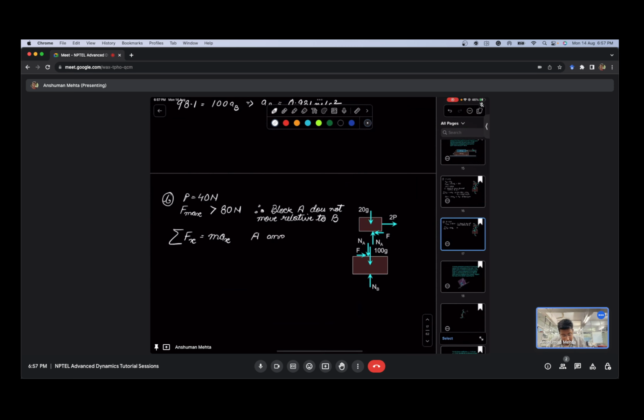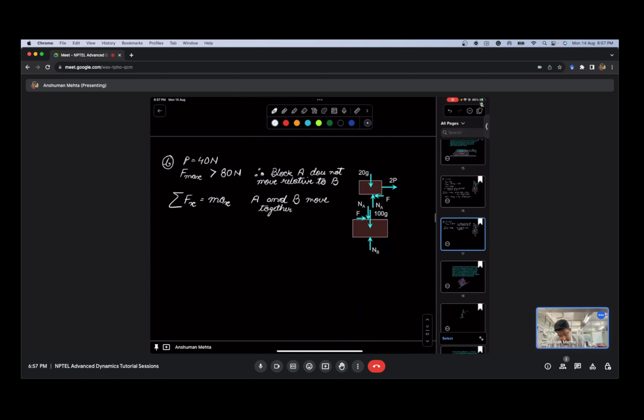A and B move together. So this is 80 equals 120A, where A comes out to be 0.667 meters per second squared.